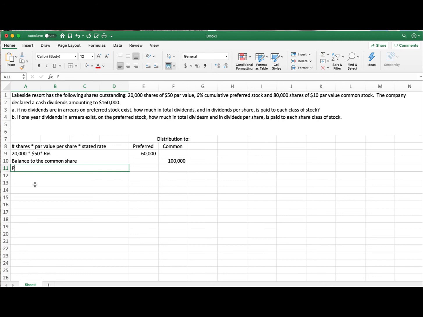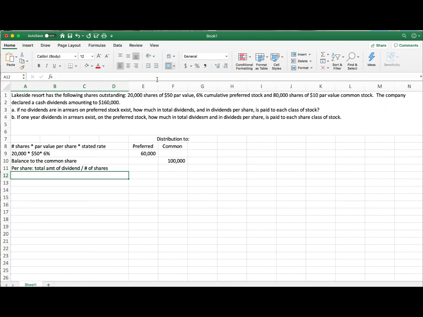Now I need to calculate the per share value. To figure out the per share value, I take the total amount of the dividend and divide that by the number of shares outstanding.